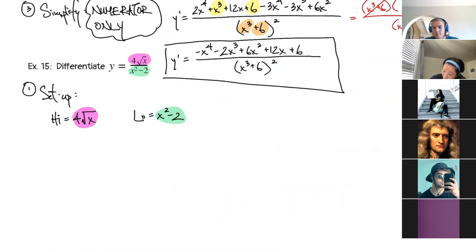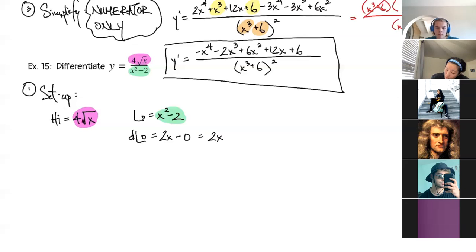So in this case, we've identified our high and our low. Let's start over here. What is our D low? Two x, beautiful. 2x minus 0, if you like to think about it that way, which gives you 2x.